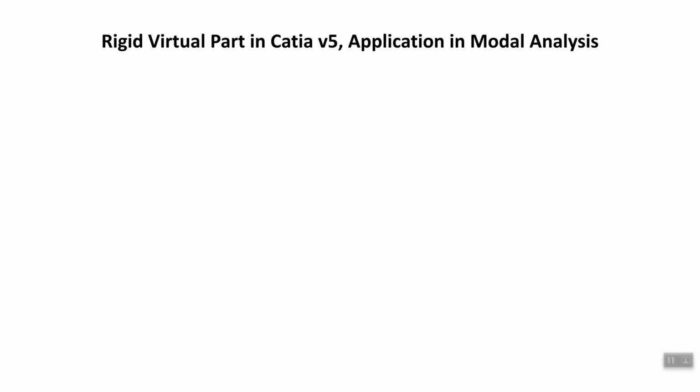This current video is using virtual parts for modal analysis, which is really a dynamic analysis. Now, the one that I'm doing right now is on rigid virtual part, and then later on I will do one which deals with rigid spring virtual part, both of them used in the context of modal analysis.